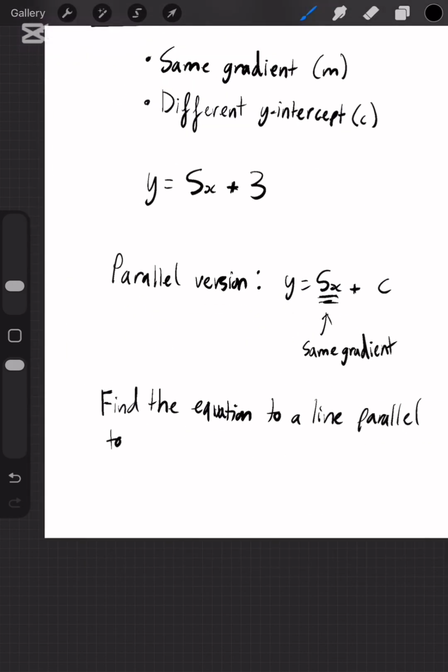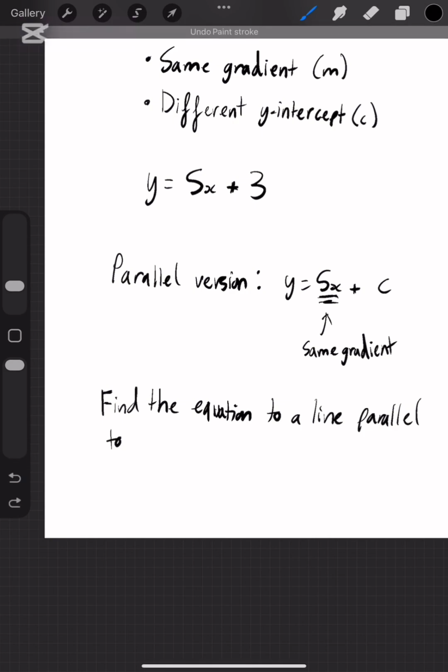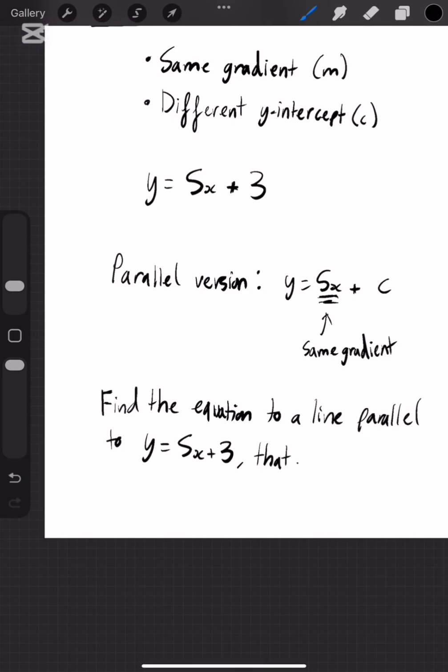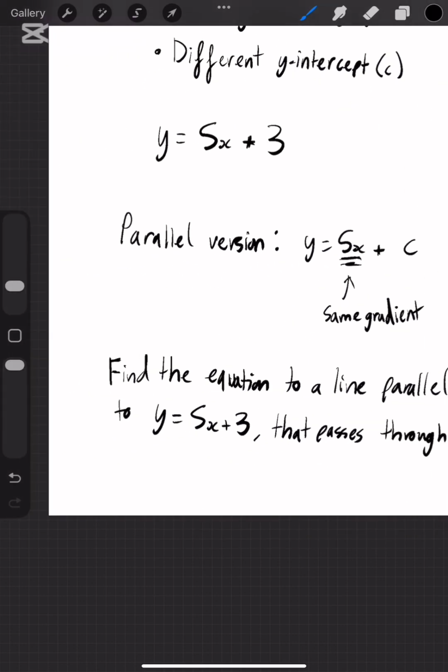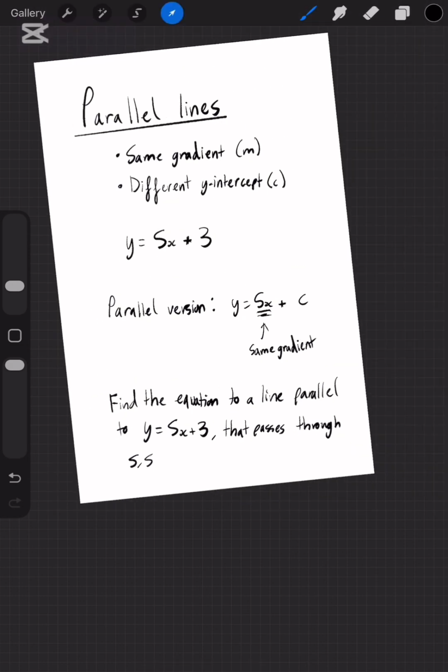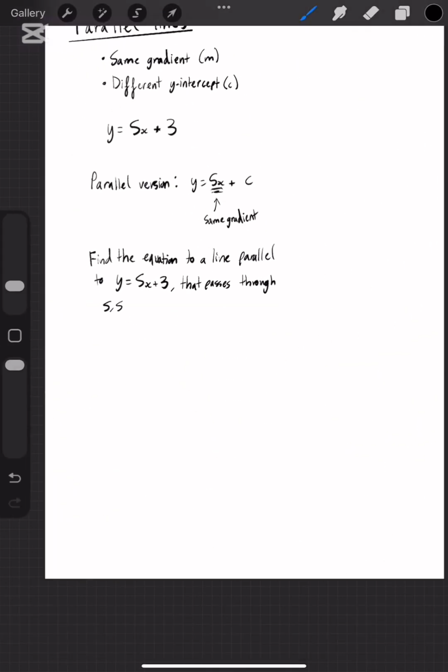Okay, so we can attempt a question now. It follows the same principles as the equations of a straight line. Find an equation of a line parallel to y equals 5x plus 3 that passes through (5, 5).